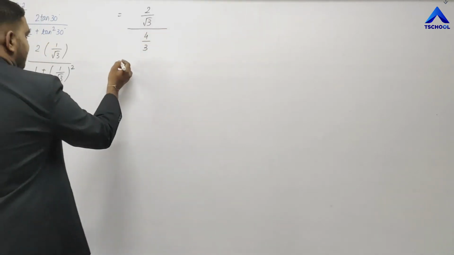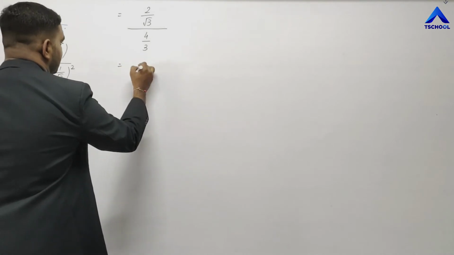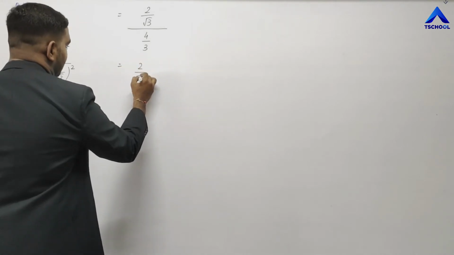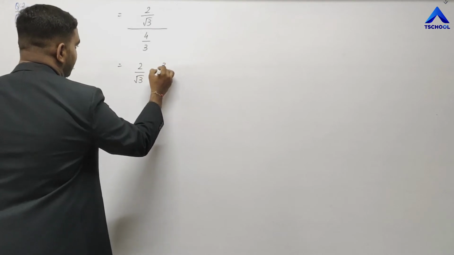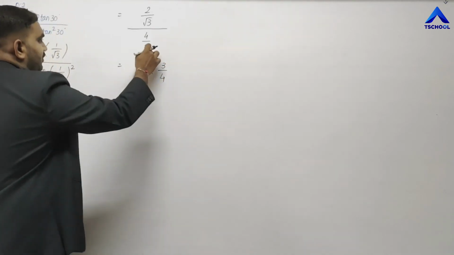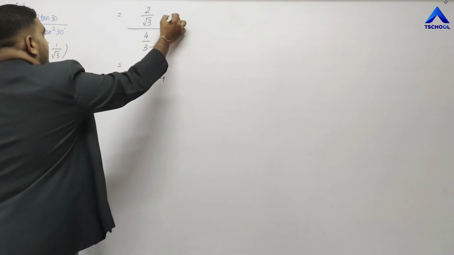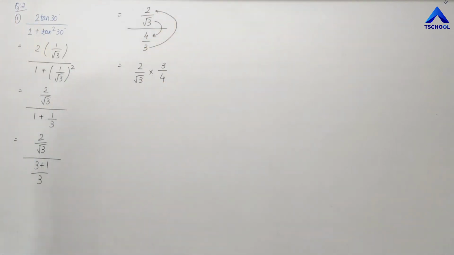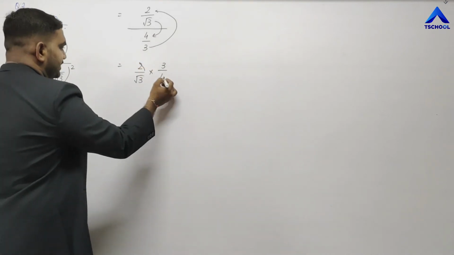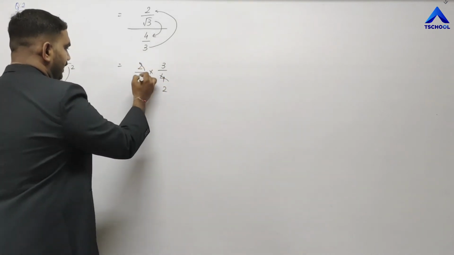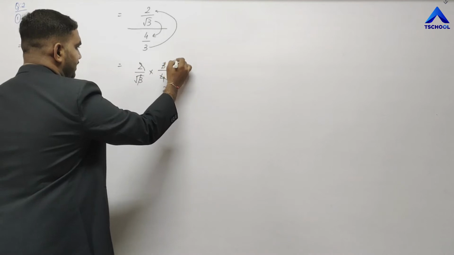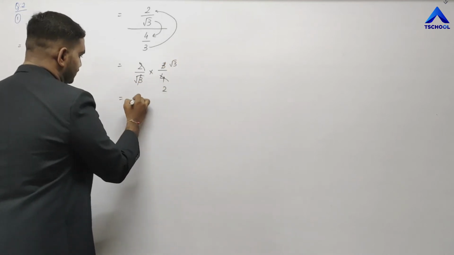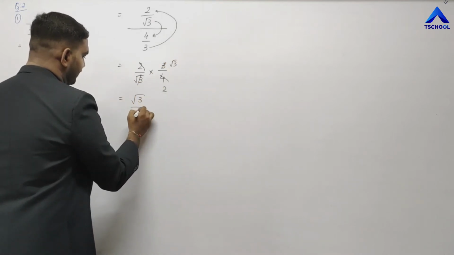So let us simplify this. 2 by root 3 multiplied by 3 by 4. This 3 will be multiplied here to 2 and this root 3 will be multiplied here to 4. So you can now easily cancel out 2 and 4 by 2, and root 3 and 3 can be cancelled out by root 3. So that is equal to root 3 by 2.